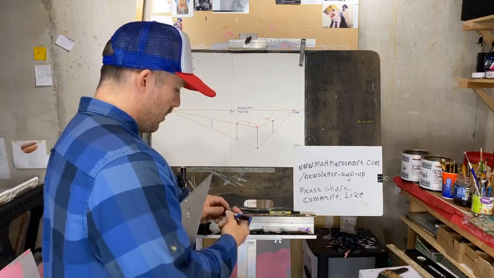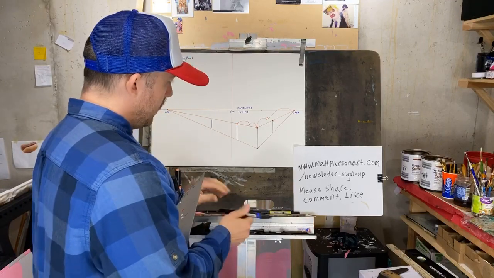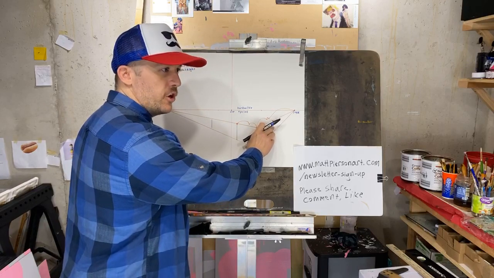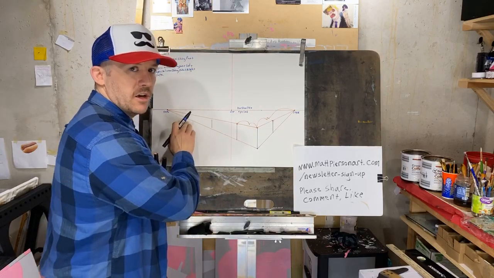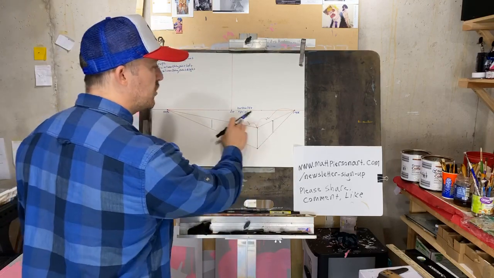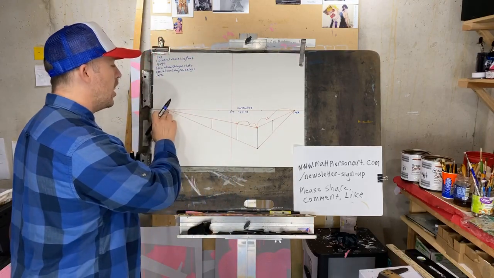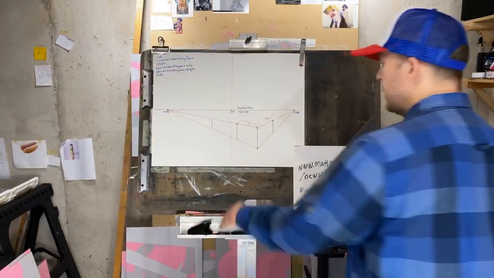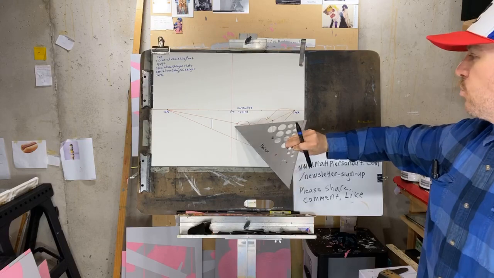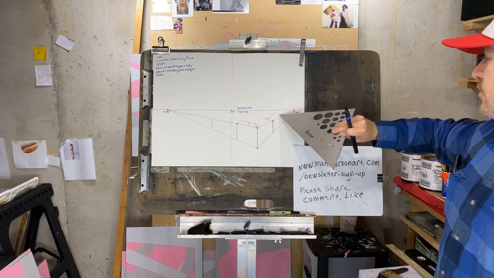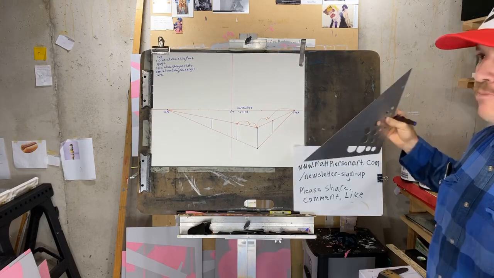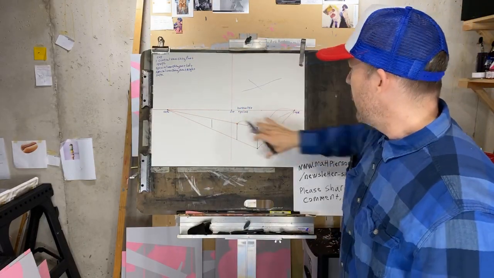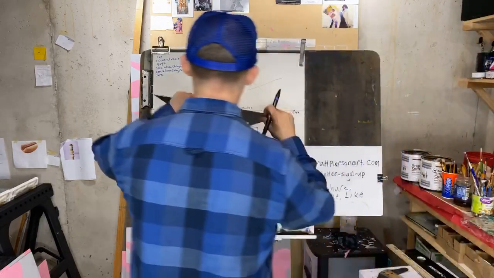On the right side of your shape, you're going to go the opposite direction, crossing through your central vanishing point and leading up to your special vanishing point left. And on the left side of your shape, you're going to be crossing over towards your special vanishing point right. So you're making a giant X in the back.